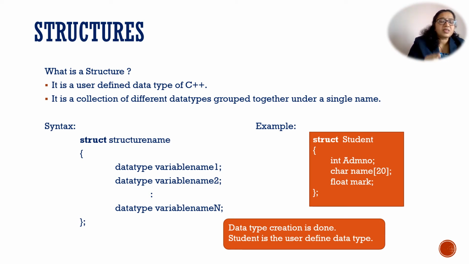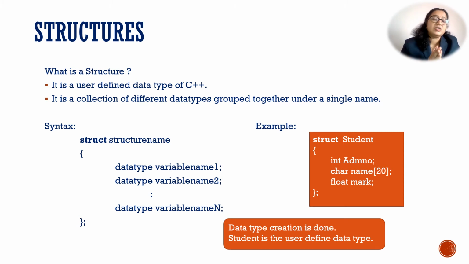Then the collection of data types we want to put in the brace open and close. Inside the braces: data type space variable name 1, data type space variable name 2, and so on, data type space variable name n semicolon, then the last brace close and put semicolon. Only then will the structure definition end.